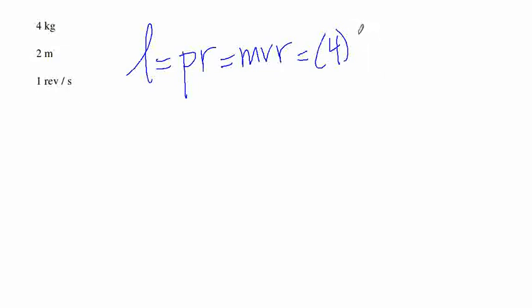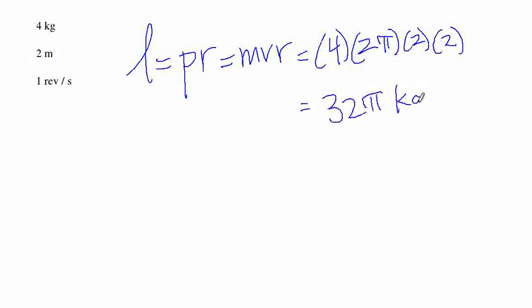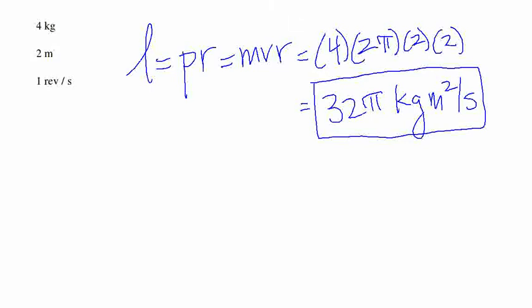The formula for the circumference is 2 pi r. So the speed is 2 pi times 2 meters per second. And I multiply all that by the value of r. So putting it all together, I get 32 pi kilogram meter squared per second. That's the angular momentum for this example.